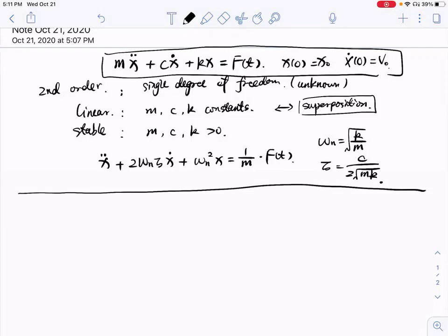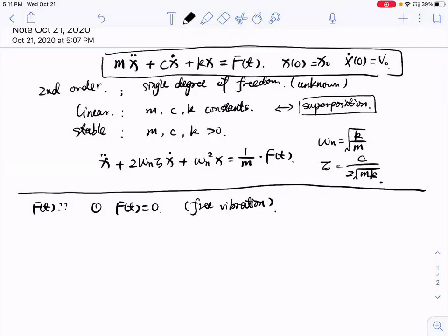Then let's look at your F(t). What F(t)s can we use? The first condition is when F(t) is 0. Very, very simple. That's something we learned in part number 1. We call this free vibration.